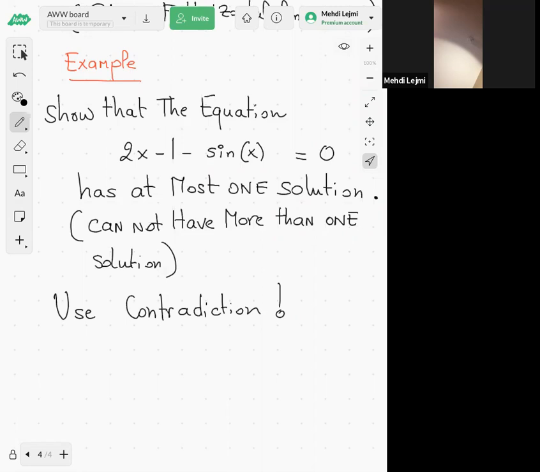If I get a contradiction, it means that my hypothesis is wrong.